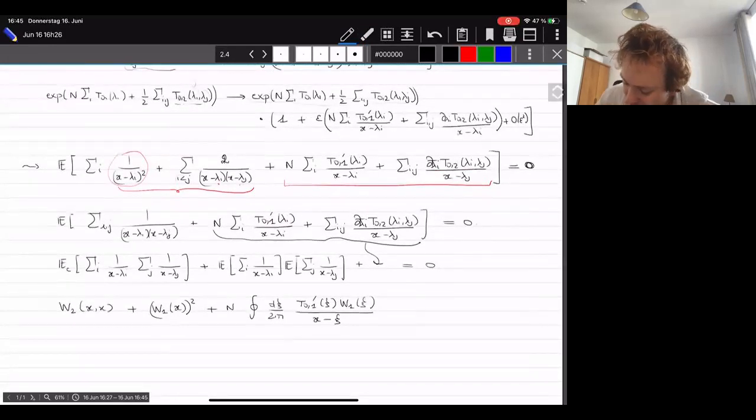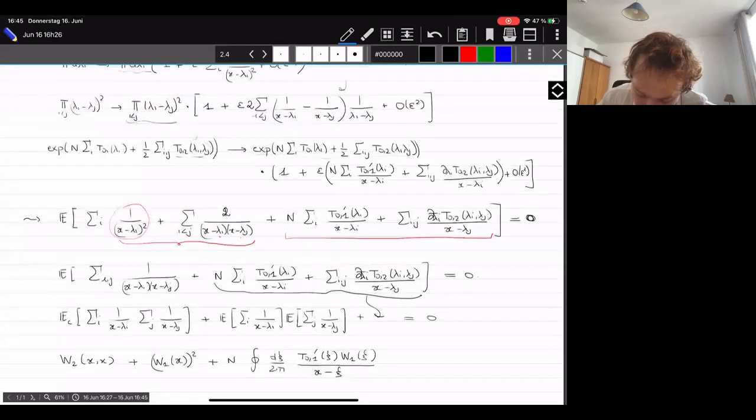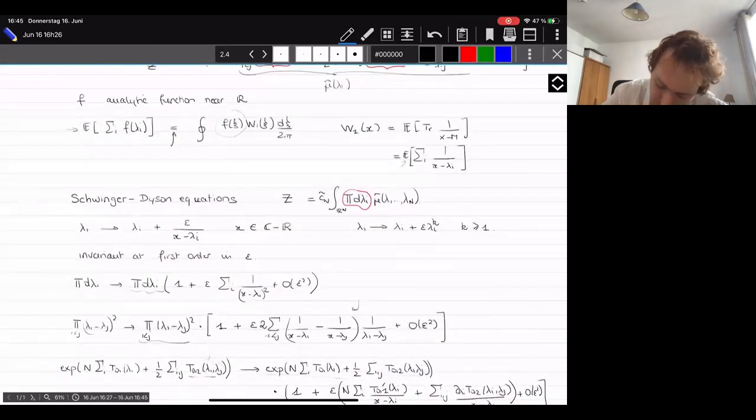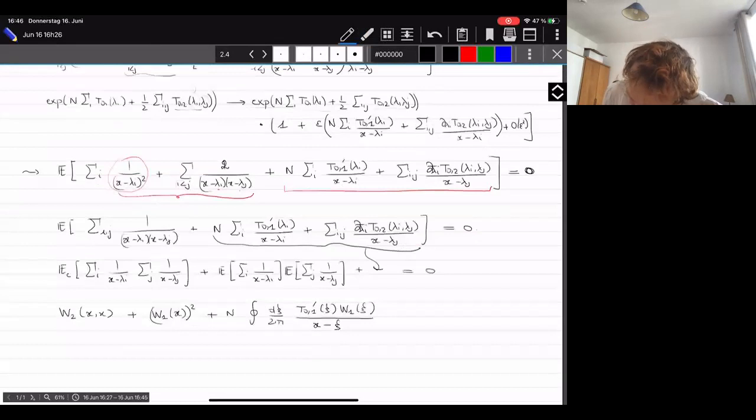And for the next term, we have lambda I and lambda j. And this is something which we assume, so all the T's are going to be analytic in a big enough domain. So we just need the many variables generalization of this formula. If I had sum over I and j of f of lambda I lambda j, I would express everything in terms of 2-point functions. So using the same trick, because W2 is defined in terms of cumulants and not the moments, what you would find is a double contour integral, dxi1, dxi2.